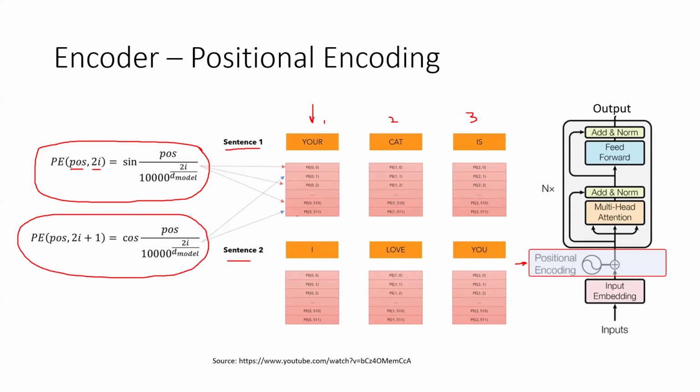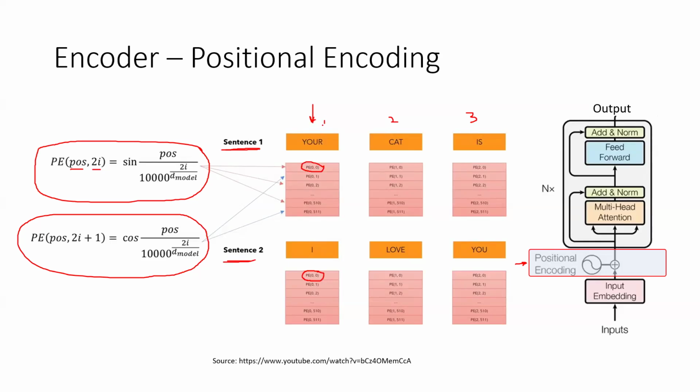So whether it is this sentence or this sentence, "your cat is" or "I love your" or whatever, the positional encodings are the same. If you look at sentence one's first word, its positional encoding is PE(0,0), which is the same as PE(0,0) in the second sentence, because the position is 1.